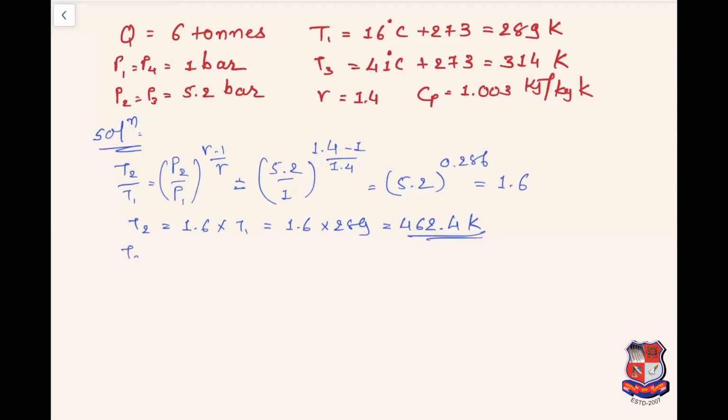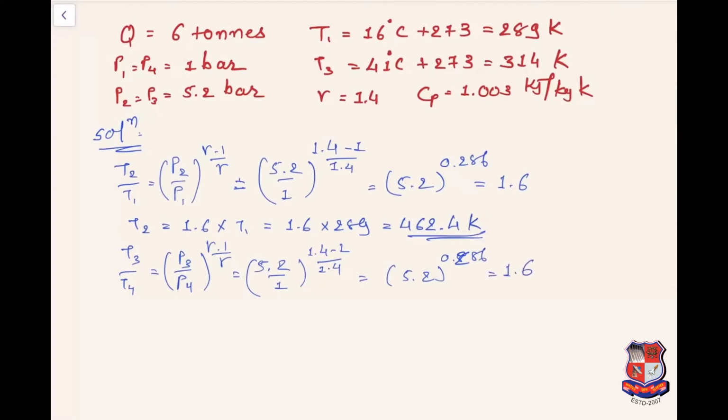Same as T3 by T4, that is equal to P3 by P4 whole raised to gamma minus 1 upon gamma, and that is equal to same 5.2 divided by 1 whole raised to 1.4 minus 1 divided by 1.4, so that is equal to 1.6.